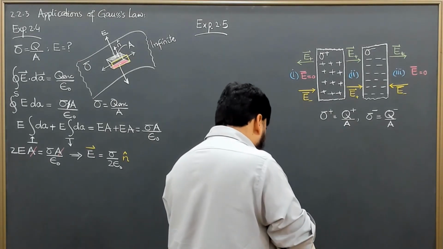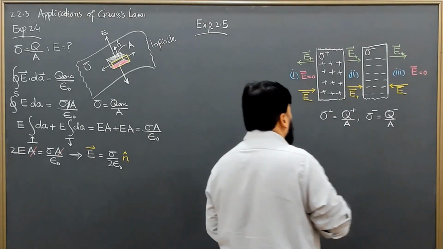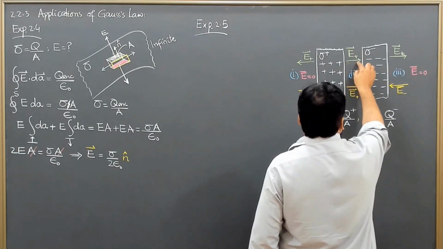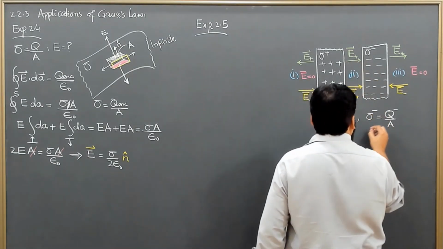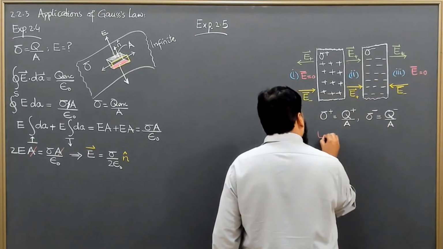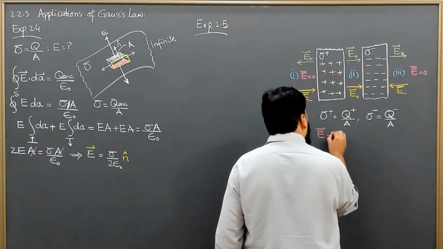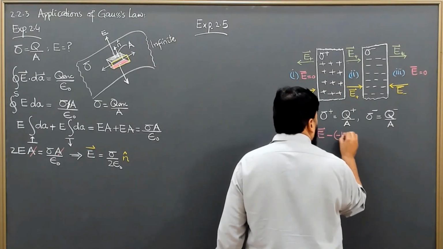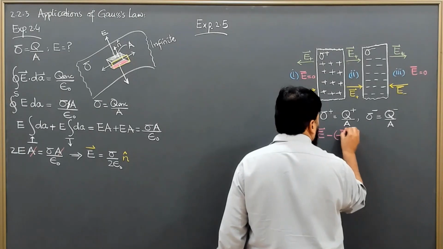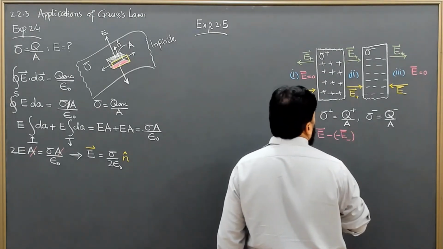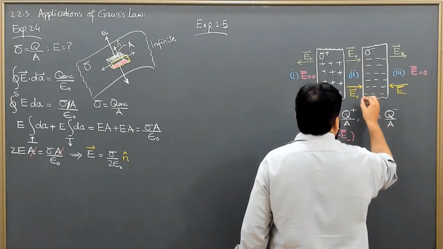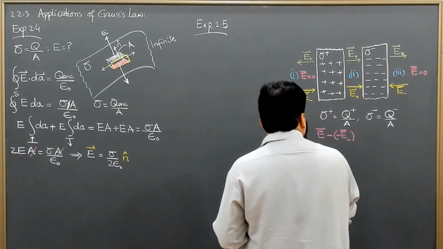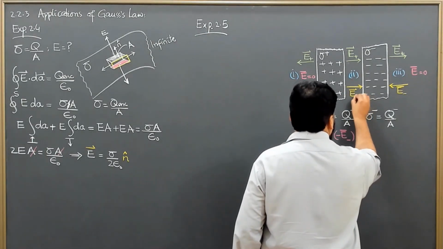While if I look here, then in this region, the electric field is in the same direction. It means that the electric field of positive minus the electric field of negative is opposite to it. So this is minus E here. And okay, this one is negative, not positive.